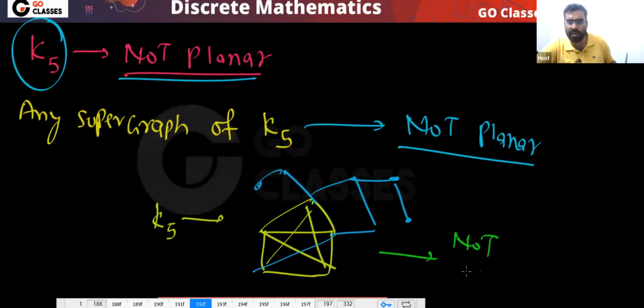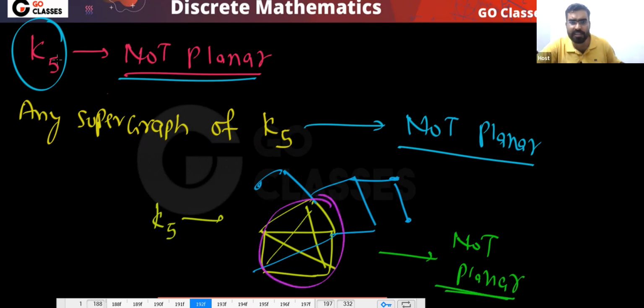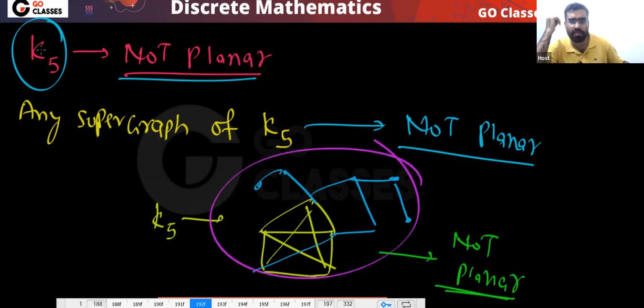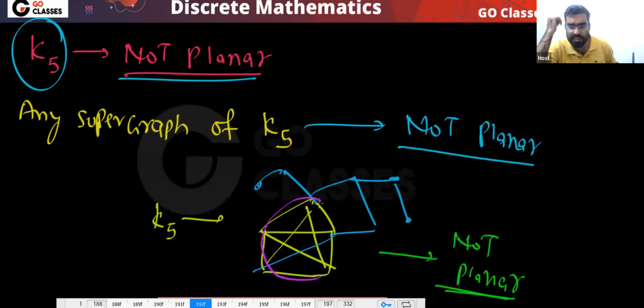Then this also will not be planar. Why? What is the reason? Because you cannot represent this. Think about it. This is your K5 and this is a supergraph. Now this you cannot represent in a plane without edge crossing. So that is the reason I can say this is non-planar.